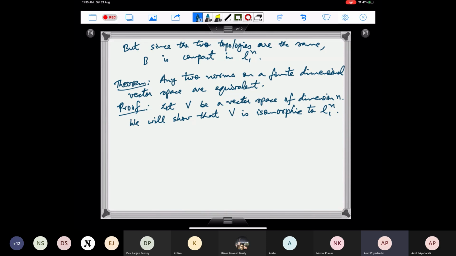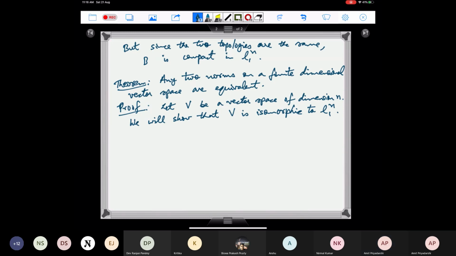So if you have a real or complex vector space of dimension n, it will be isomorphic as a vector space to Rn or Cn. But here, when we say isomorphic, we also require that the topologies are the same, which is the same thing as saying that the two norms are equivalent.